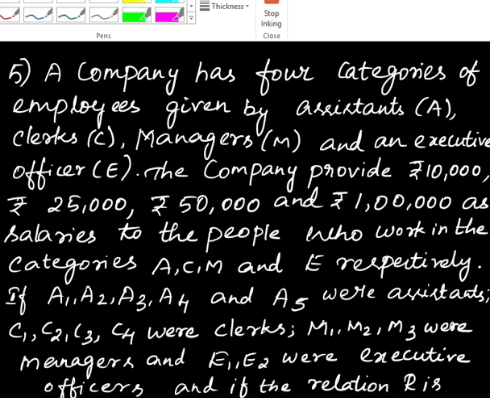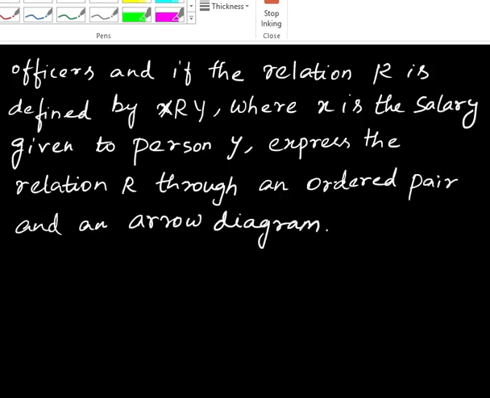If A1, A2, A3, A4 and A5 were assistants and C1, C2, C3, C4 were clerks, M1, M2, M3 were managers and E1 and E2 were executive officers, and if the relation R is defined by X related to Y, where X is the salary given to the person Y, express the relation R through an ordered pair and an arrow diagram.